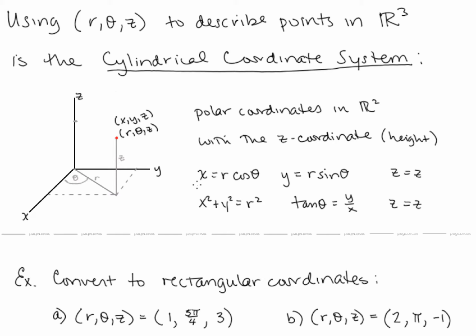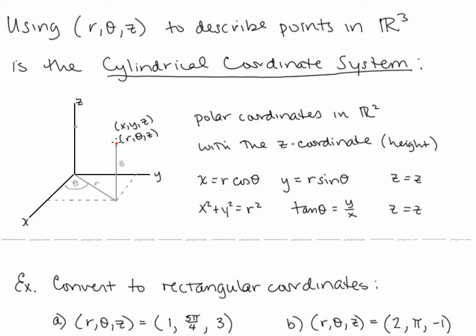So we have the same relationships between x, y, r, and theta, and z is just equal to z. So any point in three-dimensional space can be described either by its x, y, and z coordinates, or by its r, theta, and z coordinates. This is one natural extension of polar coordinates into three-dimensional space.